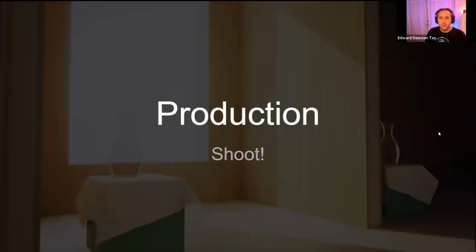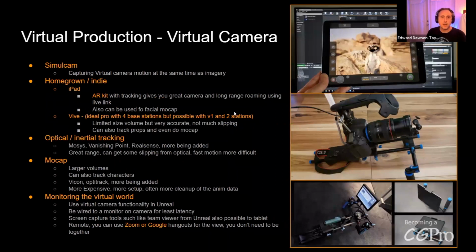Cool. So at this point you would do the shoot. And we already talked about this, but being able to use a VCam, iPad, and Vive is a very great way of getting in cheaply and easily.